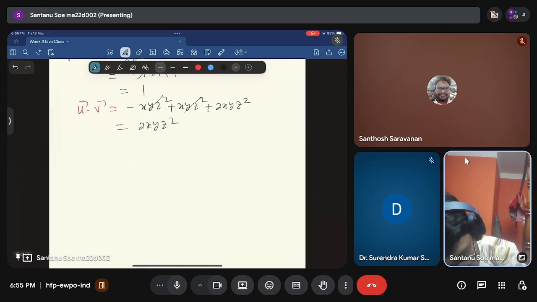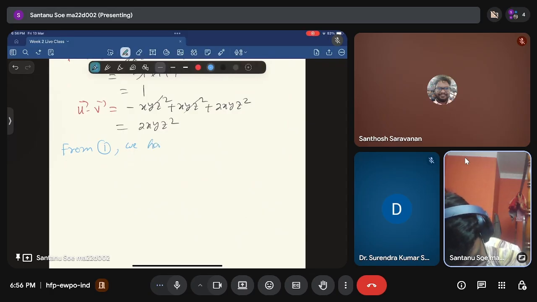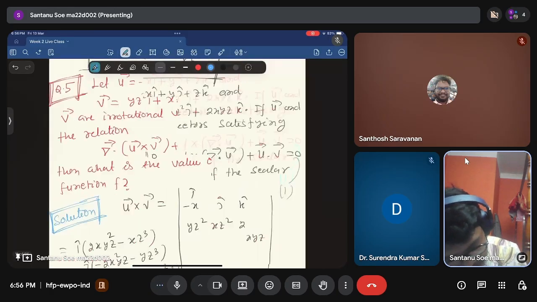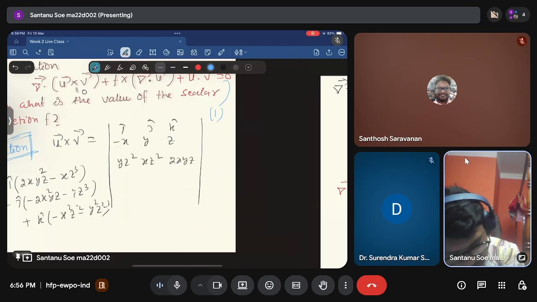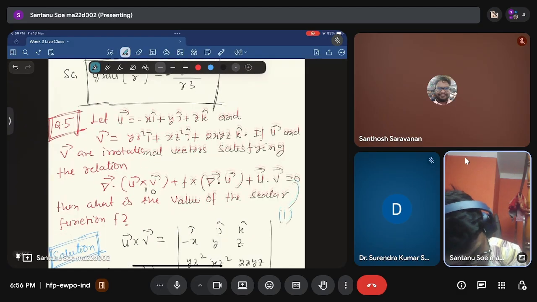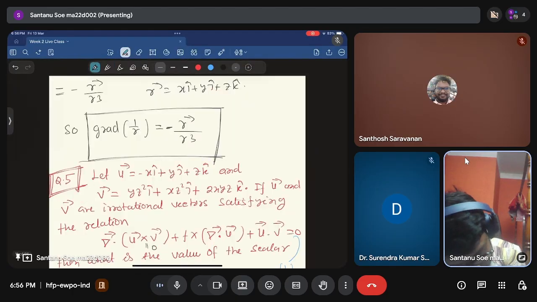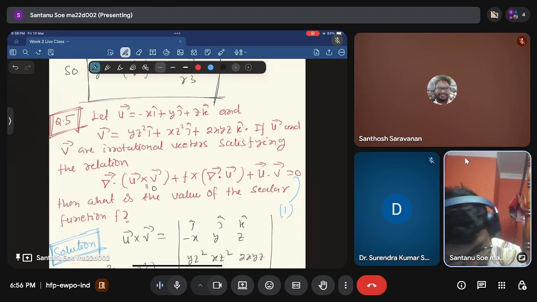Okay, so now again we have to just put all these values here. So we already have this divergence of u cross v to be 0. So this is going to be 0 plus f times divergence of u.